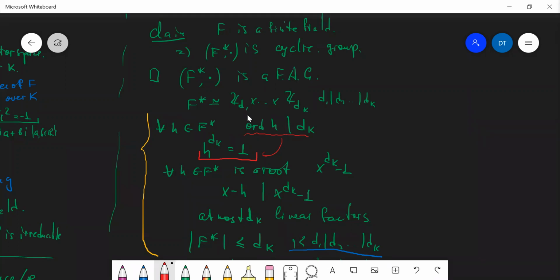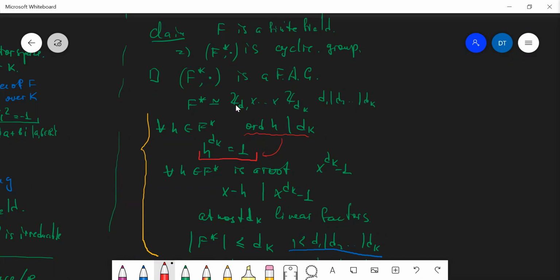In the second coordinate, you have Z_d2, and d2 also divides d_k. Then multiplying by d_k, you will get 0, etc. So in all coordinates, if you multiply by d_k, you will get 0. So this is how this group works.